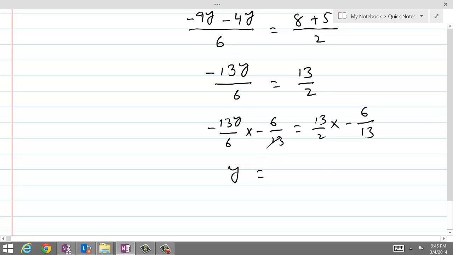So here this 13 is gone with this, 6 is gone with this, and this 13 is gone with this, and what we have here is minus 3 as value of y.